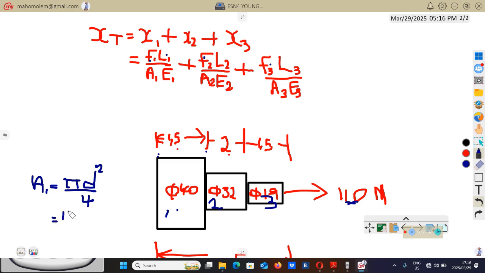So area 1 will be pi. Diameter, you change it to meters. 40 divided by 1000, from millimeter to meters, we divide by 1000, then we'll have 0.04. You square it.